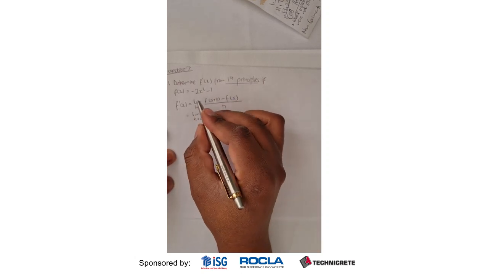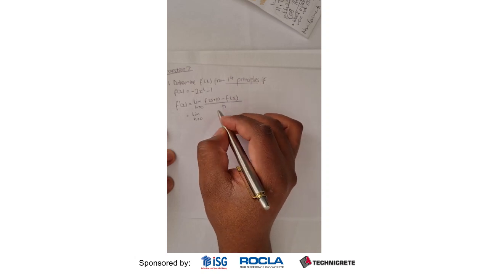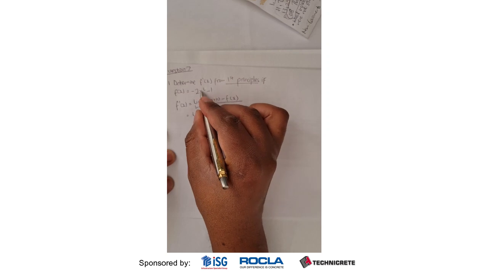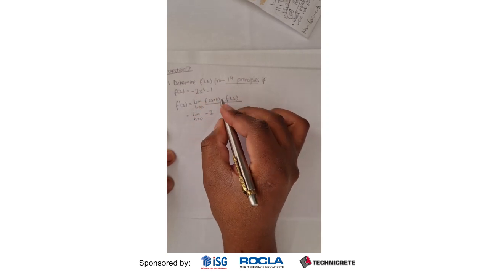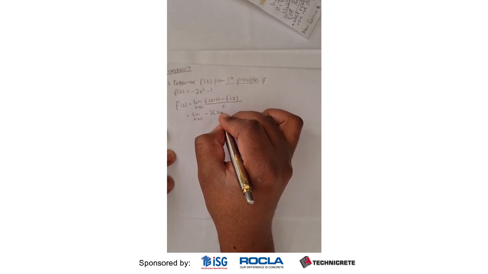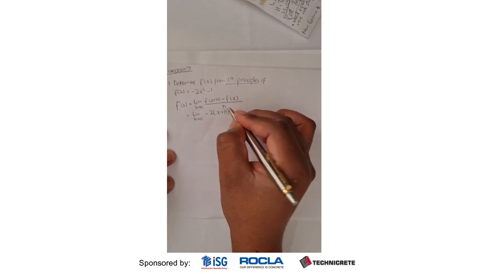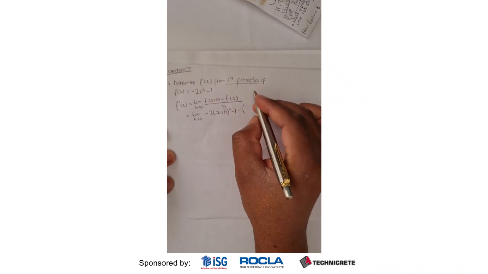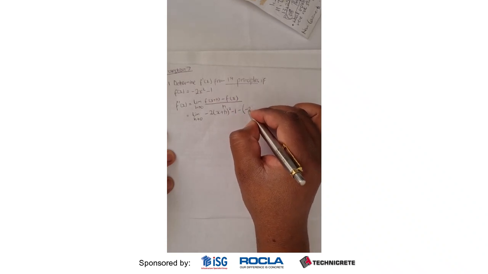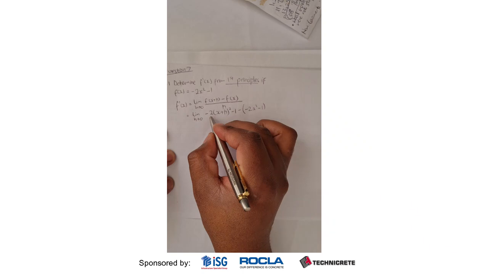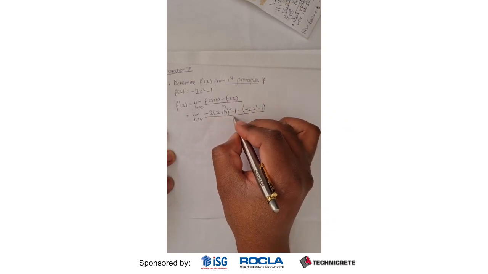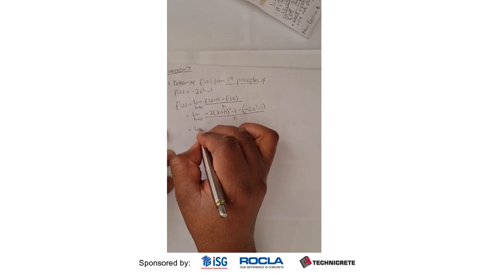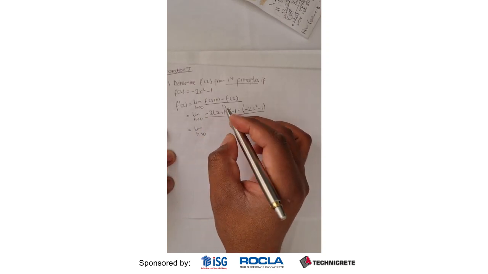Now, we are going to substitute in our f of x plus h, so it will be negative 2, and where we have our x, we substitute x plus h, minus the 1 there, and then we minus the normal f of x, divided all of that by h, limit as h tends to 0.